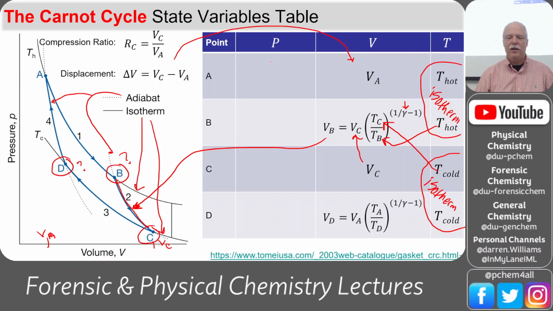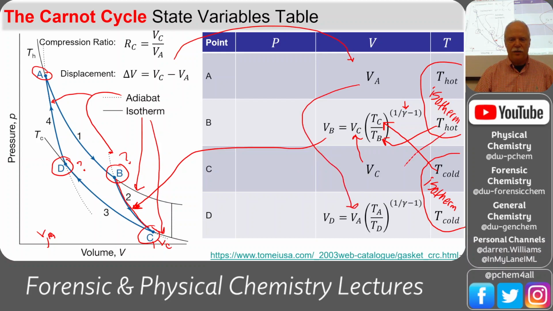And then down here, how do we get V, the volume at point D? Okay, that's connected by an adiabat with volume A. So volume A goes here. The temperature A goes in that slot. The temperature D goes here. And we know gamma. And so we have all of our variables.